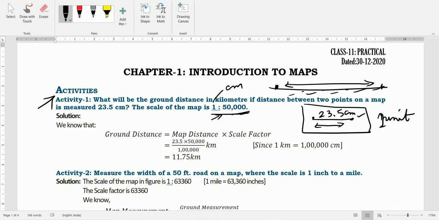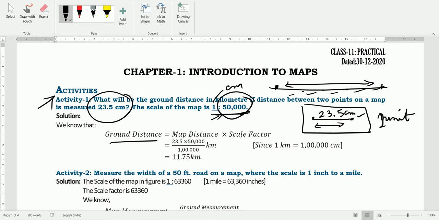Here we have the formula: ground distance is equal to map distance multiplied by scale factor. So the map distance 23.5 centimeter should be multiplied by the scale factor, that is 50,000 in this case.